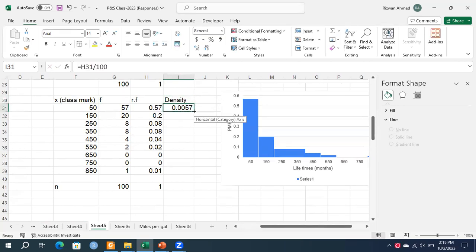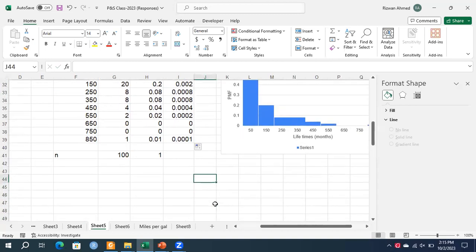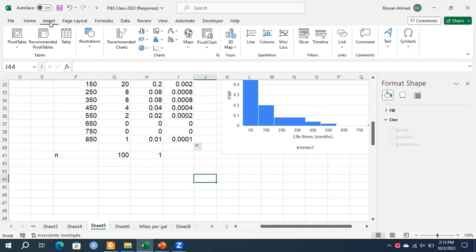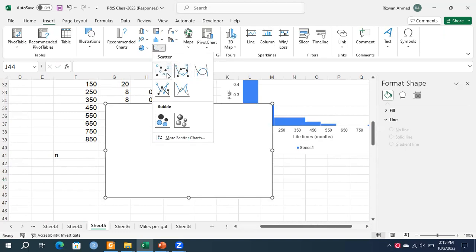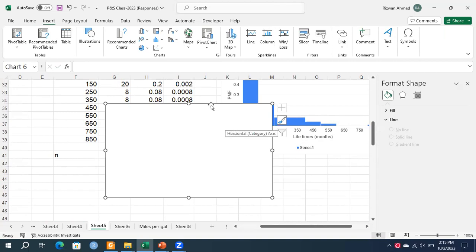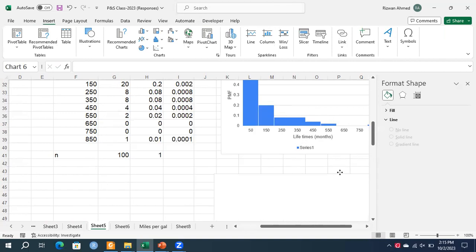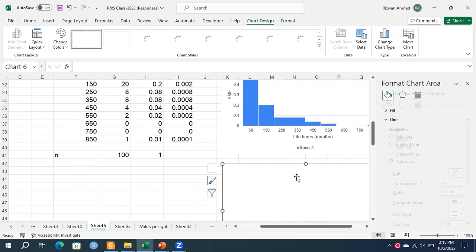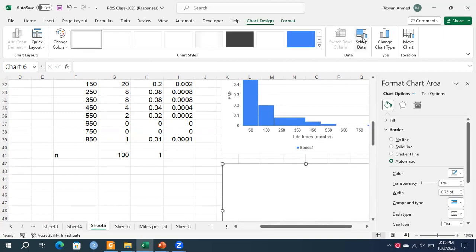And I repeat all these calculations. And now we would like to draw a continuous function. Insert, and now I take XY scatter. Select the data.